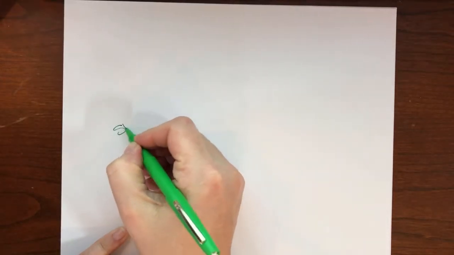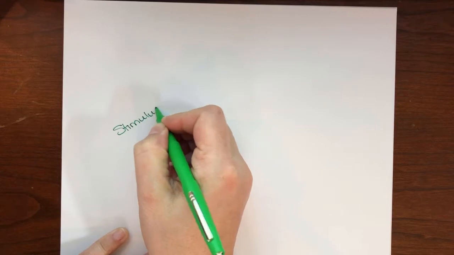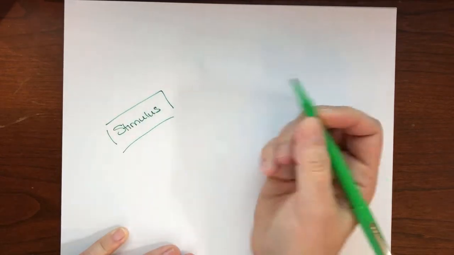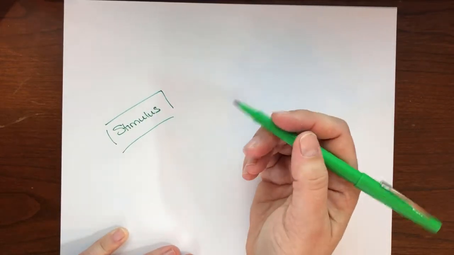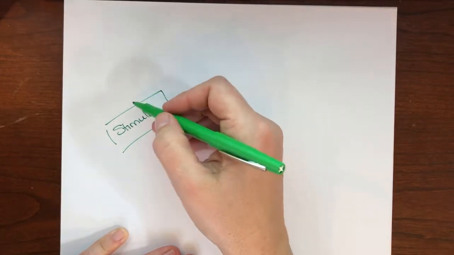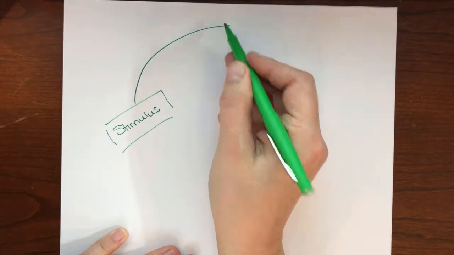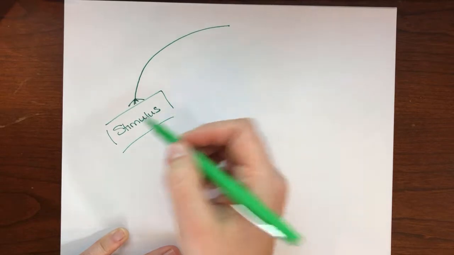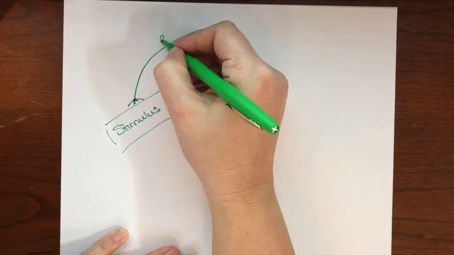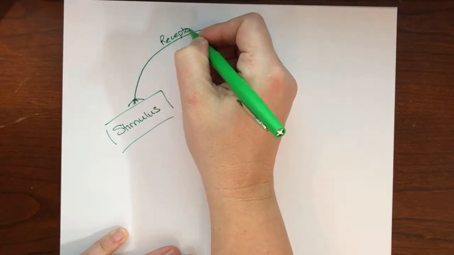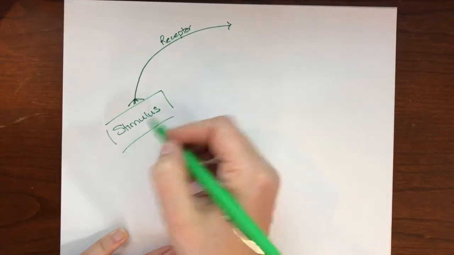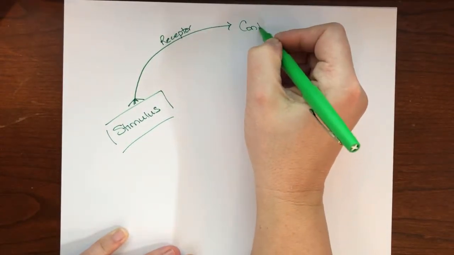And remember, when we talked about homeostasis, we talked about how there was a stimulus, which is something interfering with some level of the body. The stimulus, the fact that there is a stimulus that is out of balance, is going to be picked up by a receptor, which will take information about the stimulus to the control center.